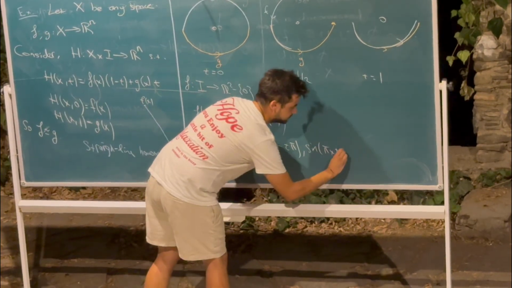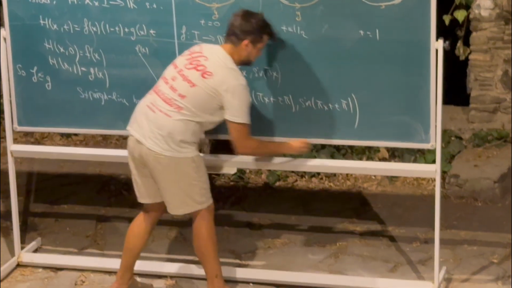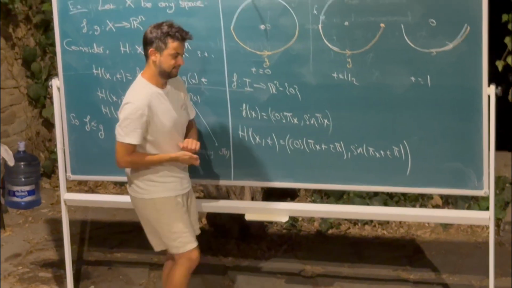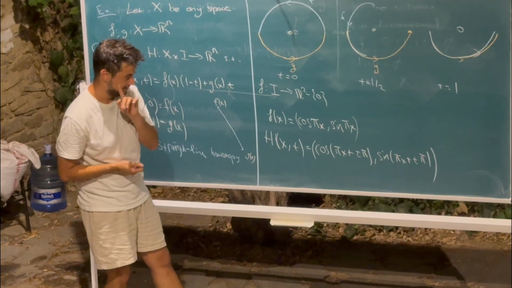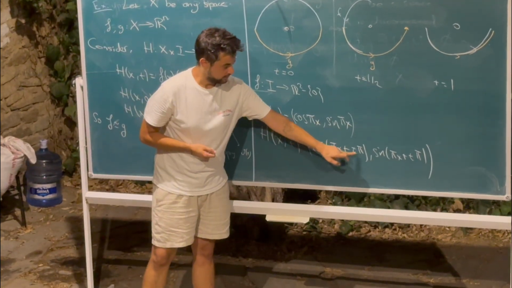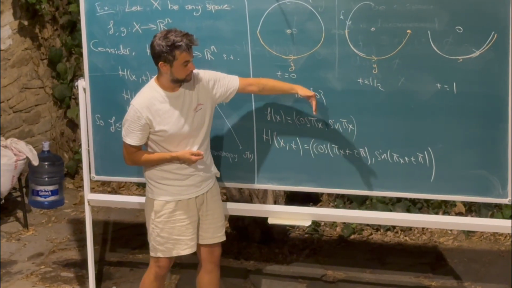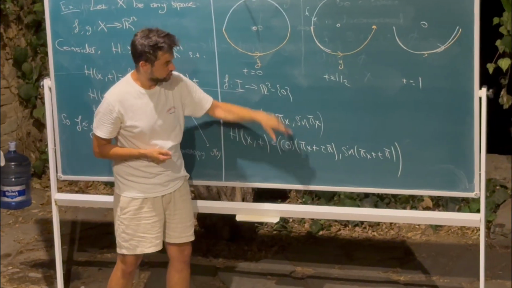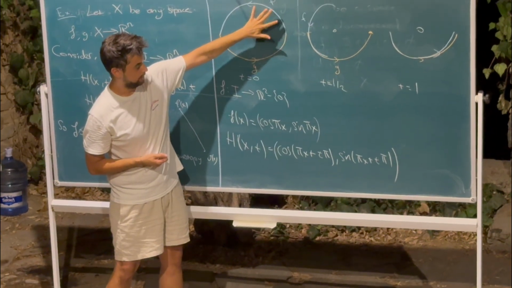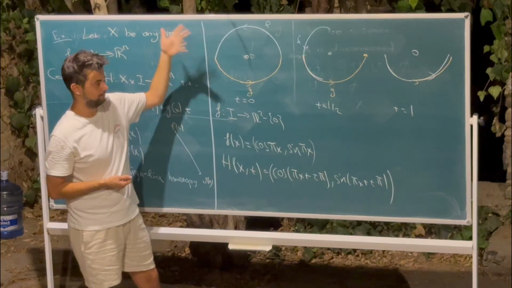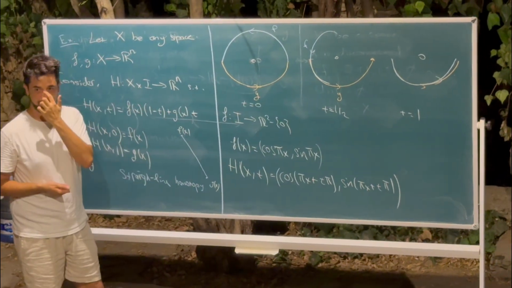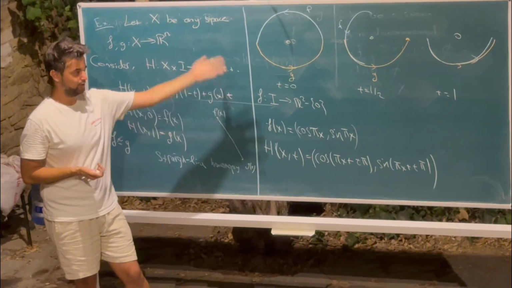Is this working? I think this is working. When t is 0, it is f, and as t goes from 0 to 1, it is changing the starting point of this path. Questions? So they are homotopic.